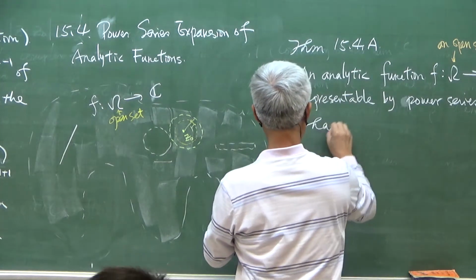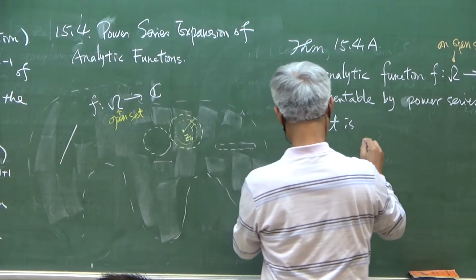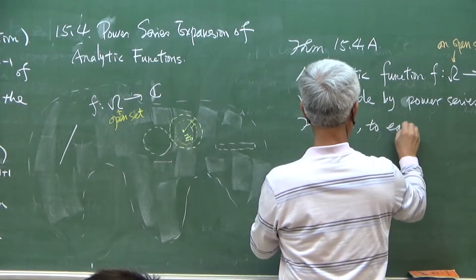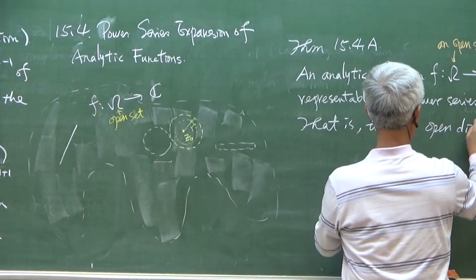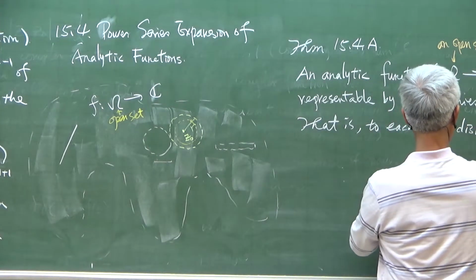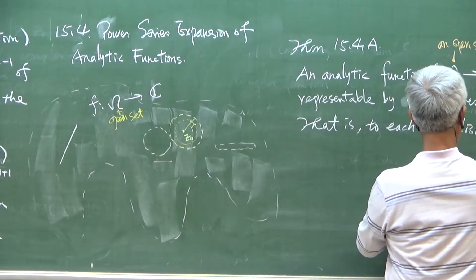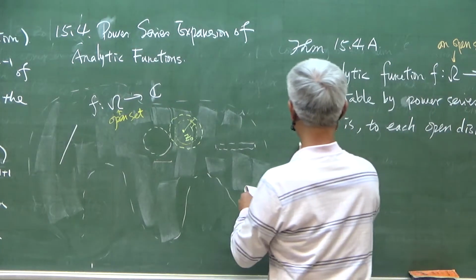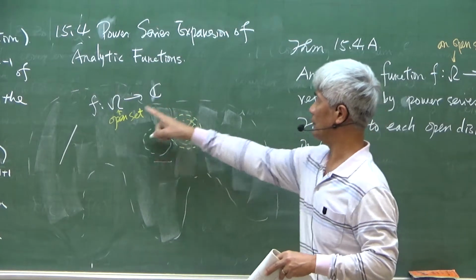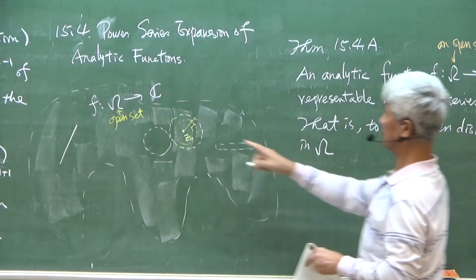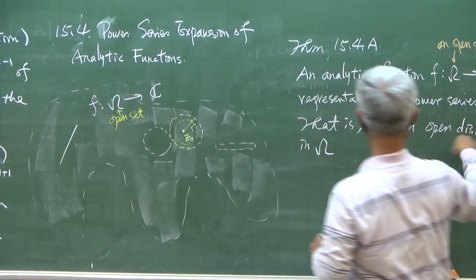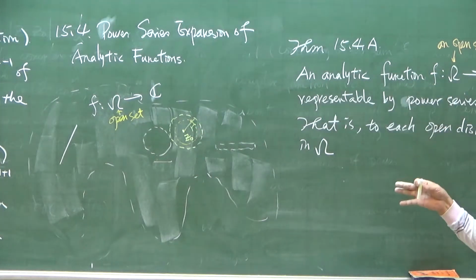That is, for each open disk B(z0, R) in omega, just like here, we have omega and we have a disk, so we have z0 and R here, and it is contained in the open set.